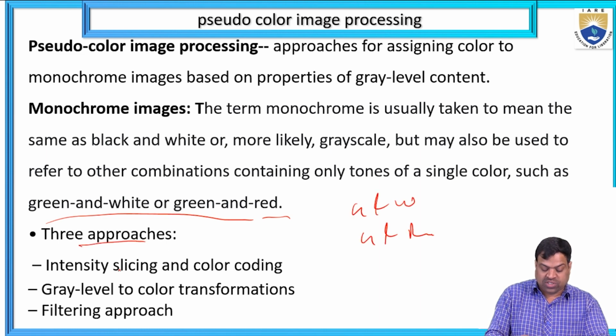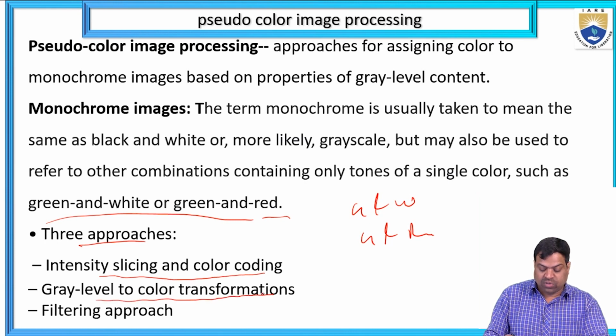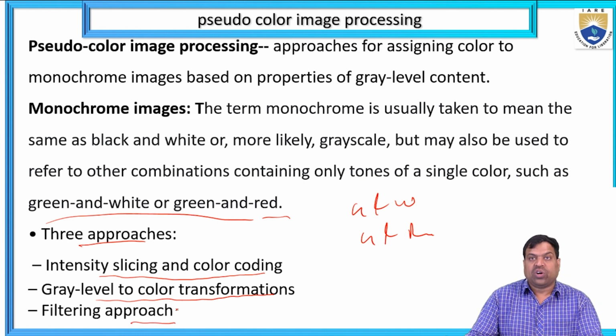So what are the three approaches? Intensity slicing and color coding, gray level to color transformation, and the filtering approach. So pseudo color image processing is assigning color to monochrome images based on properties of gray level content. Actually, pseudo color is nothing but changing the intensity levels.